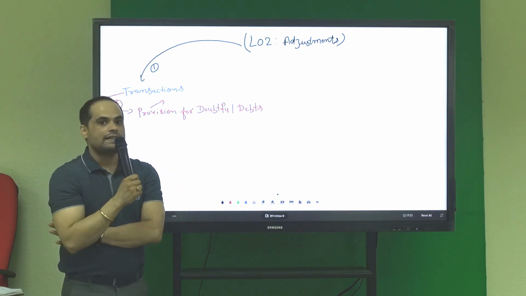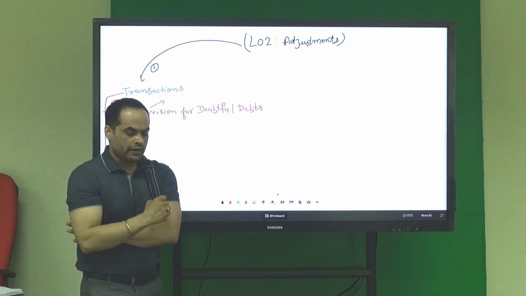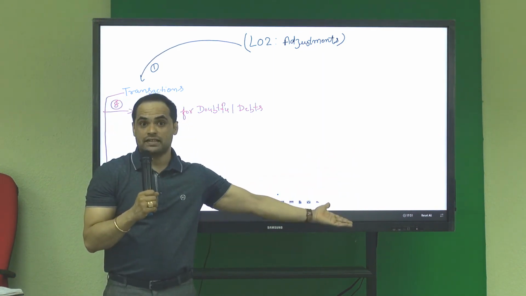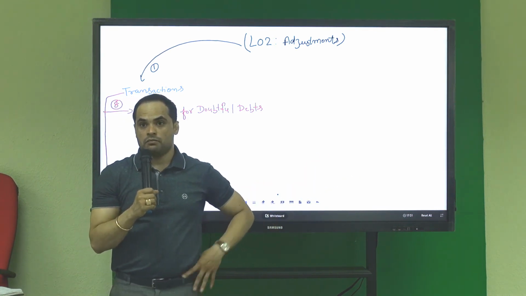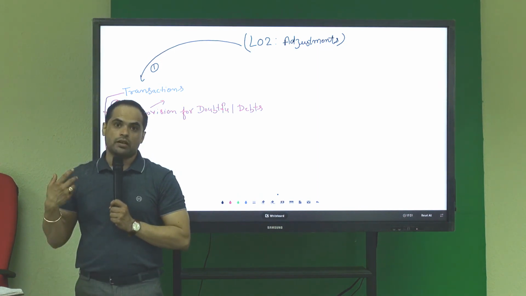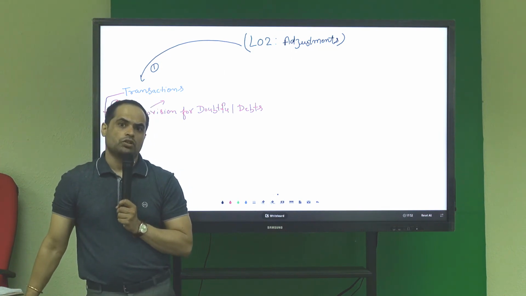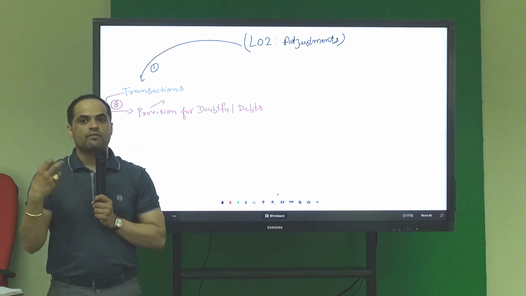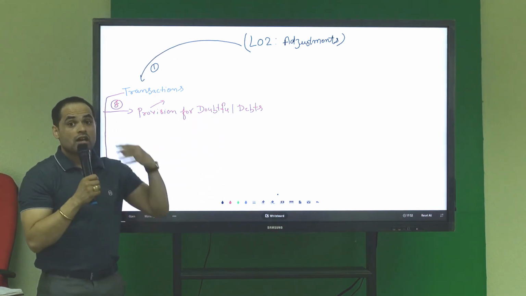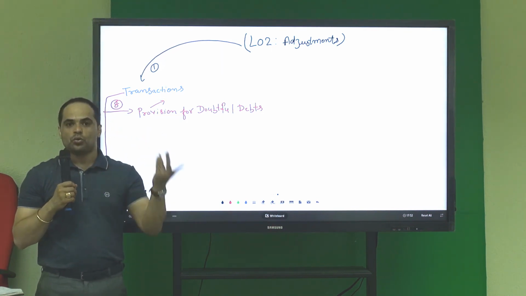So when preparing our accounts this year, we will make provisions on the basis of previous facts. We assume maybe 5% of our accounts receivable won't give us money. That's called the provision for doubtful debts.